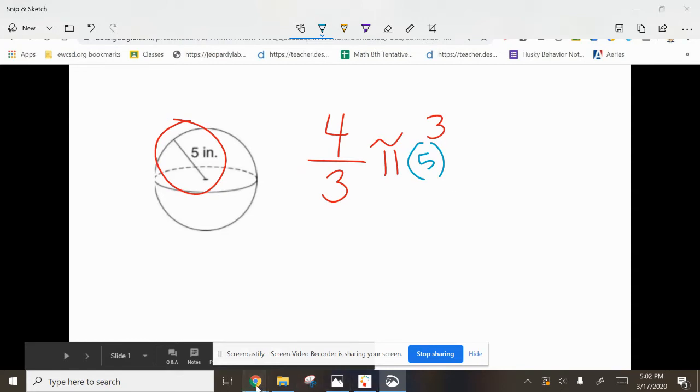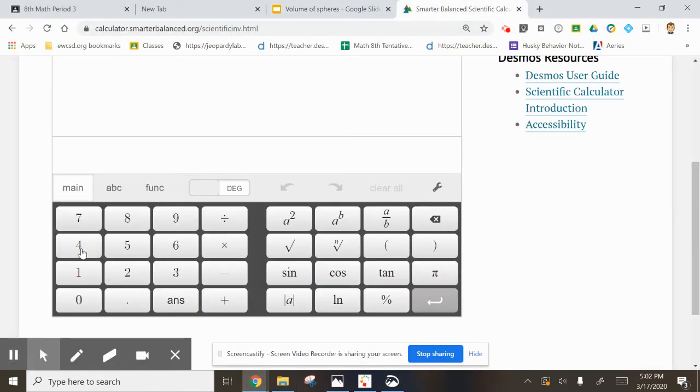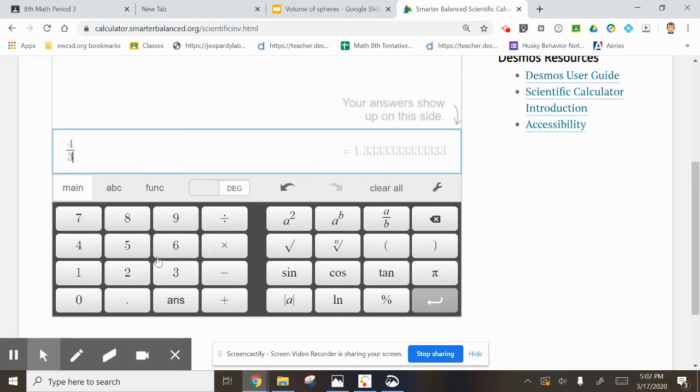So open up your calculator, and it would be 4 over 3, times pi, times, this is interesting now. We haven't used this feature of the calculator much. If I hit this, it would square it.